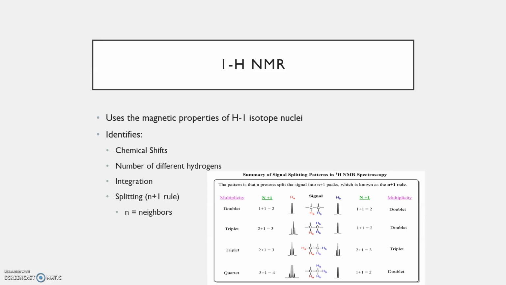Integration reveals the number of hydrogens of each type, and multiplicity is a pattern that follows the n+1 rule, which shows the number of neighbors next to the carbon of the represented peak, which allows us to figure out how the carbon and hydrogen connections are structured.